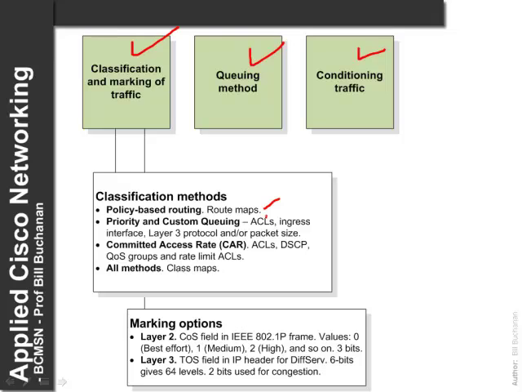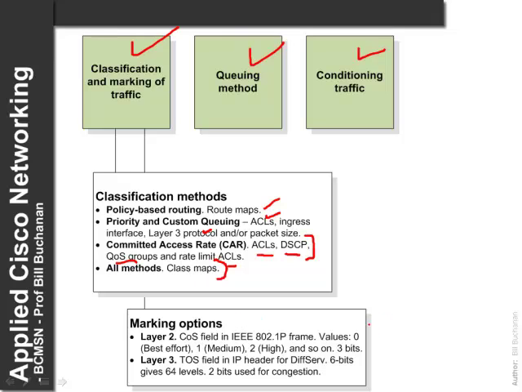We can mark with ACLs or with a protocol or packet size. We can go for committed access rates, and we can mark these with ACLs, the DSCP tag, quality of service groups or rate limit ACLs. And for all methods we can use class maps, as we'll see.